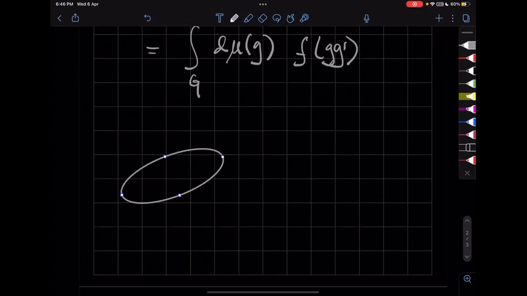Suppose this is my group G. It could be a discrete group, it could be a compact group.